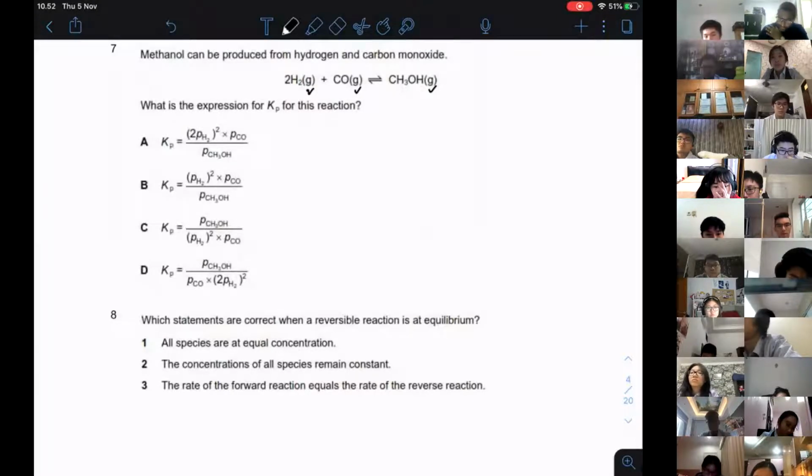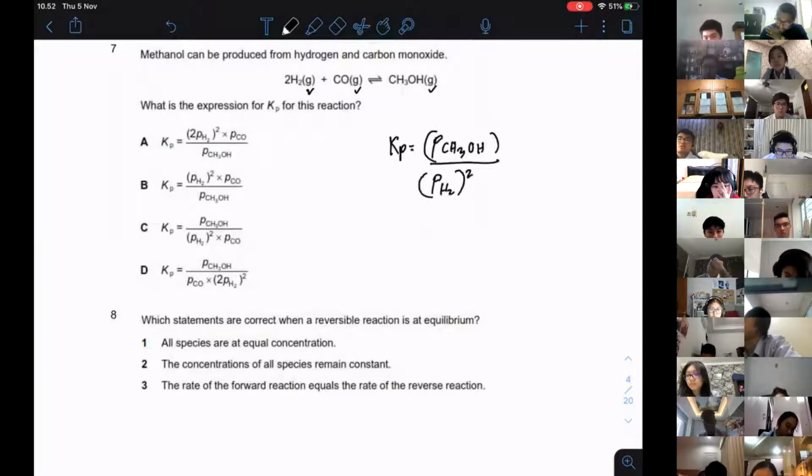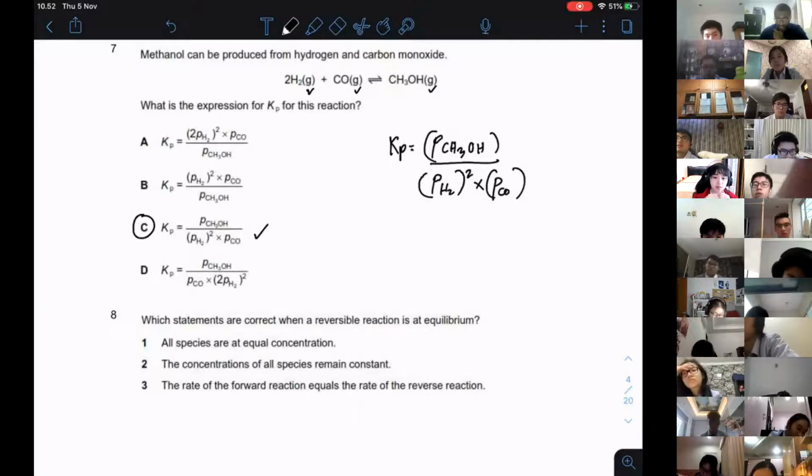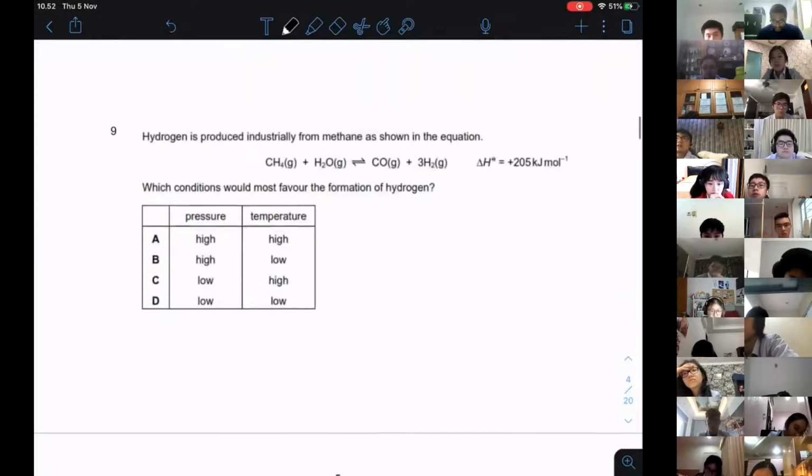So Kp equals the partial pressure of CH3OH divided by the partial pressure of H2 to the power of 2 times the partial pressure of CO. So you go and find which one is going to be the correct answer, okay? And you will see that this is the correct answer. Quite simple, straightforward, okay? So let's keep on going to a more difficult one.